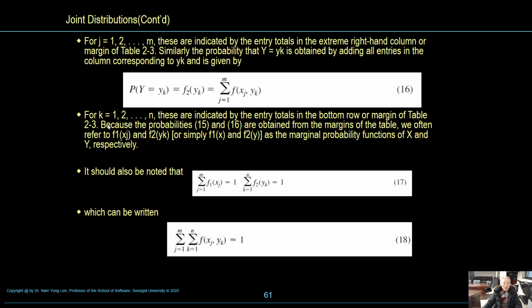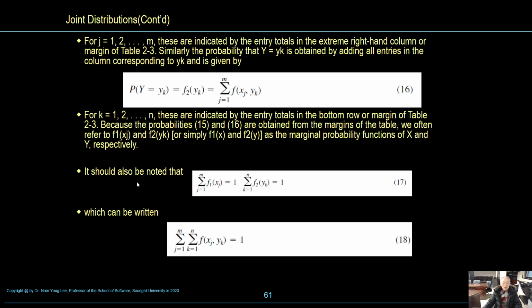For k equal 1 to n, these are indicated by entry totals in the bottom row or margin of table 2-3. Because the probabilities in formulas 15 and 16 are obtained from the margin of the table, we often refer to f1(x) and f2(y) as the marginal probability functions of X and Y respectively.